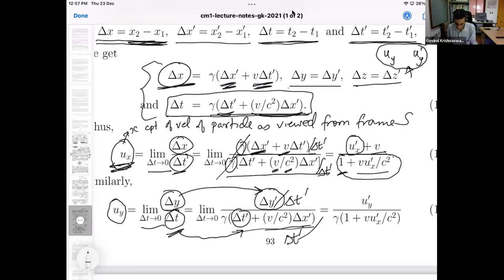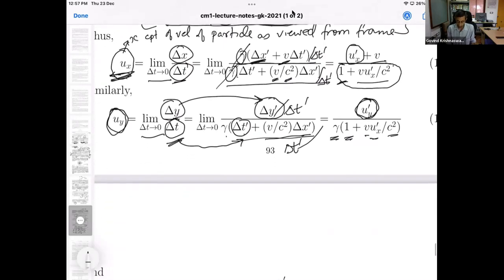And so the numerator will become uy prime. Uy is equal to uy prime, which would have been the Galilean result. But now you're dividing by gamma times 1 plus v upon c squared times ux prime. So that is the new formula due to Einstein.